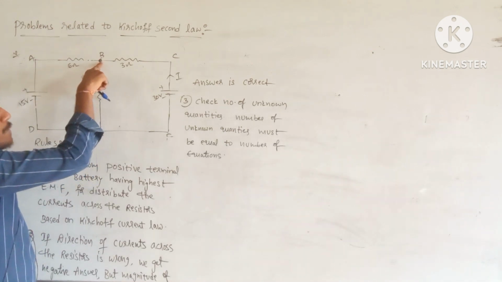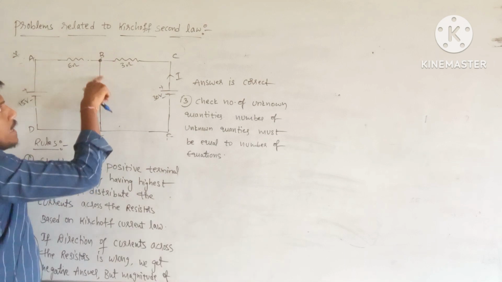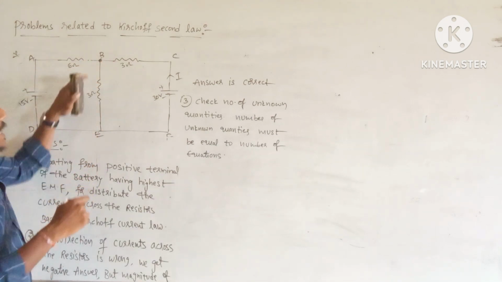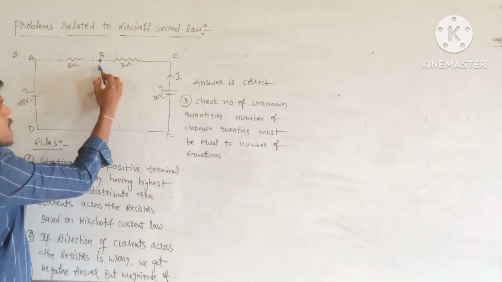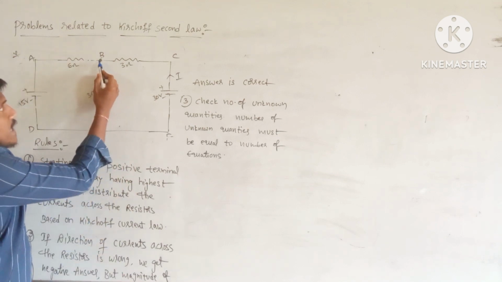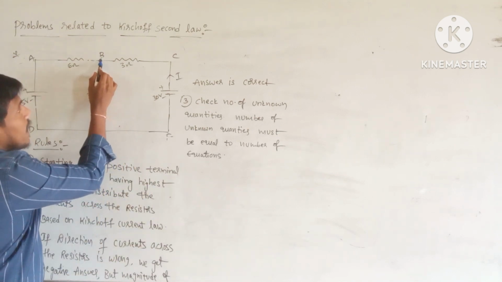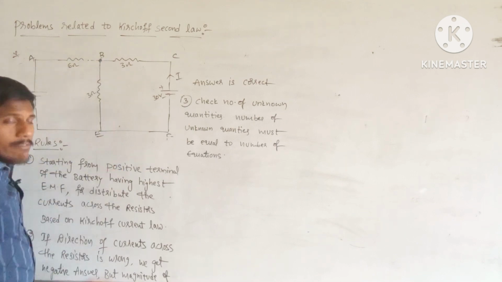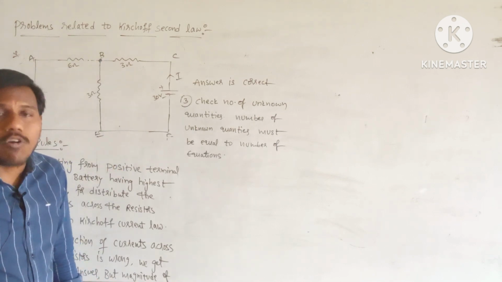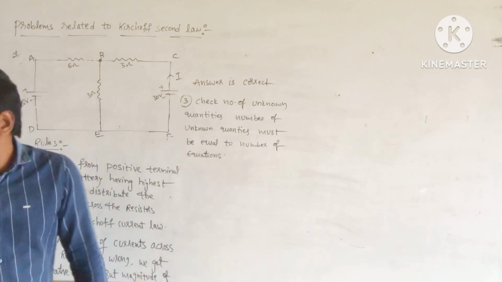Observe point B. At this point B, 2 conductors meet. This is one conductor, this is another conductor. So definitely this point B is called a junction. At this junction, the current is divided according to Kirchhoff's current law.